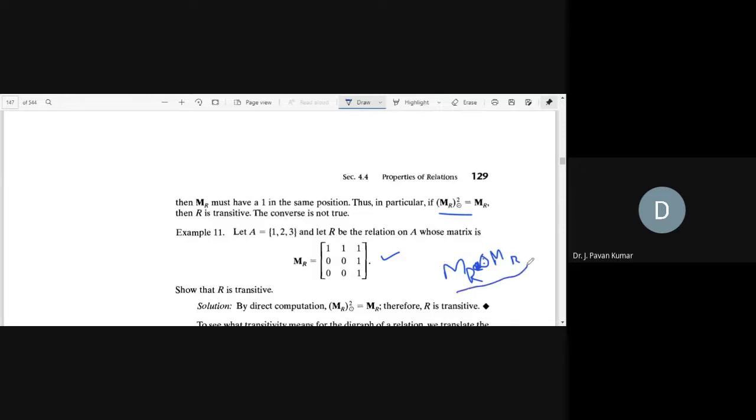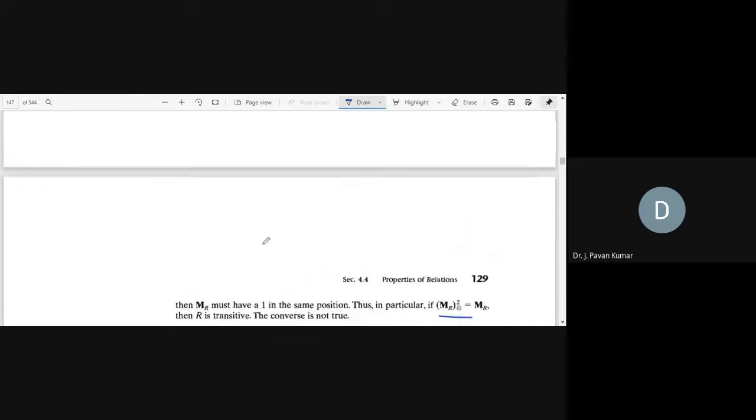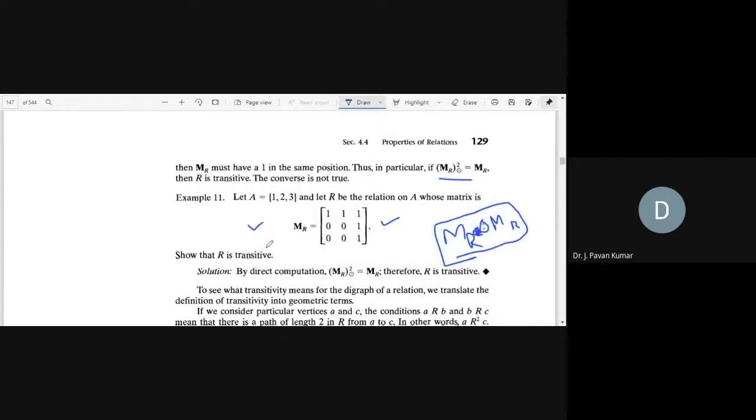So like that we can calculate MR squared. Whatever MR squared we obtain, if that is equal to MR, then we can claim the relation R as transitive. That is the shortcut that we can use. Like MR transpose equal to MR, then we can consider it as symmetric.